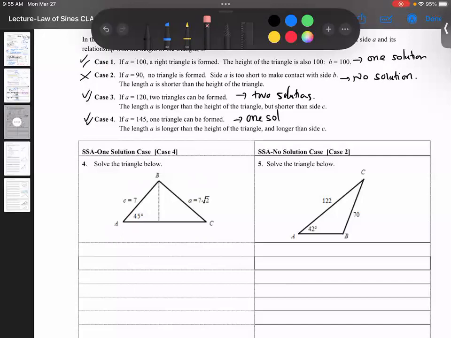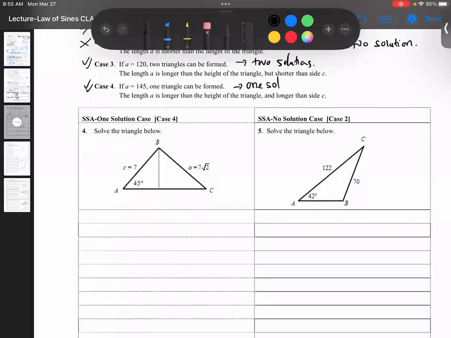A looks like 120 instead of 30. So it helps to fill it out correctly. All right, so let's take a look. I want to know my angle B, my angle C, and my little b.